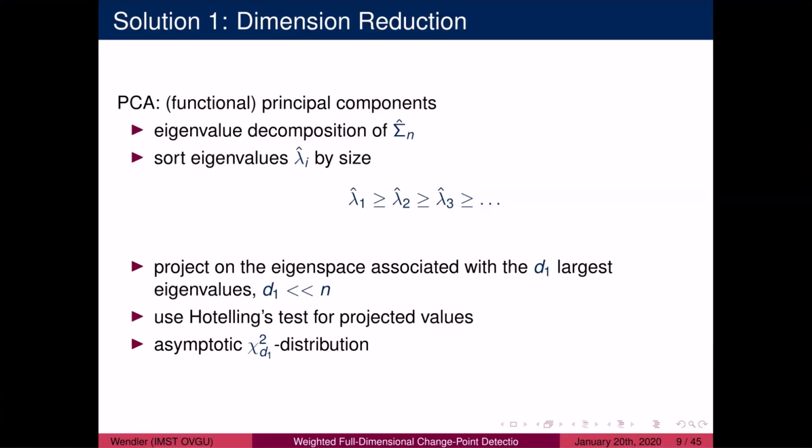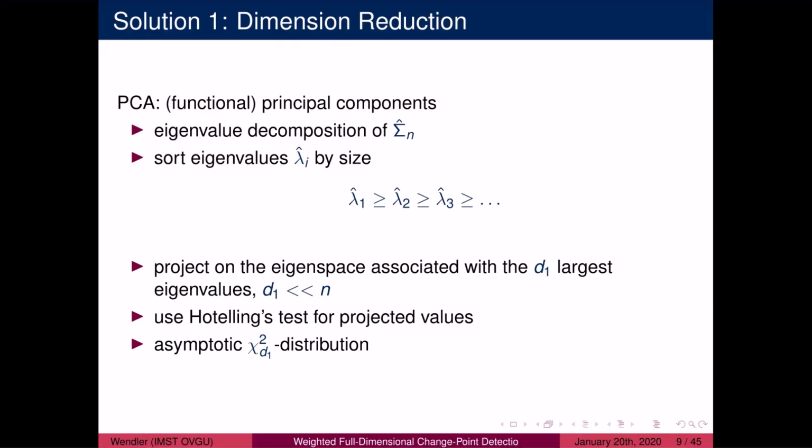So people like to use a data-adaptive basis, like principal components, PCA, here functional principal components analysis. You make an eigenvalue decomposition of your covariance matrix. In functional data, it's an infinity by infinity matrix, but that doesn't matter too much.